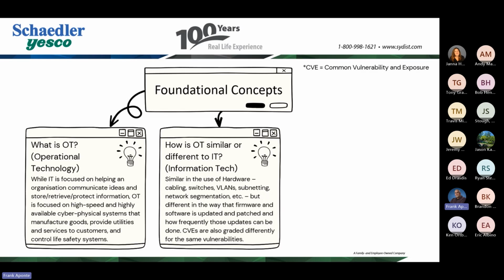The way it's graded for IT versus OT may be different, even though it's the same vulnerability, just because of how it affects different things. It may have a higher risk score in IT than OT, or it may have a higher risk score in OT versus IT.